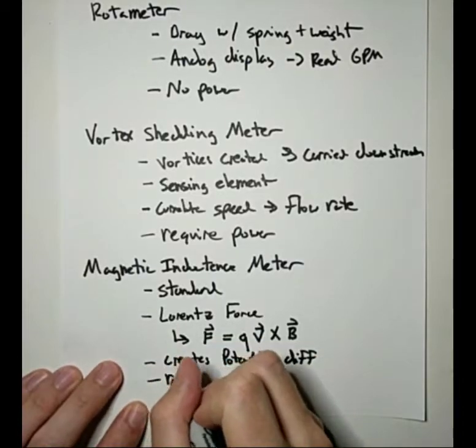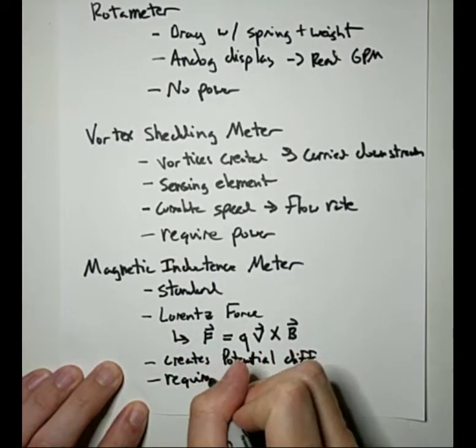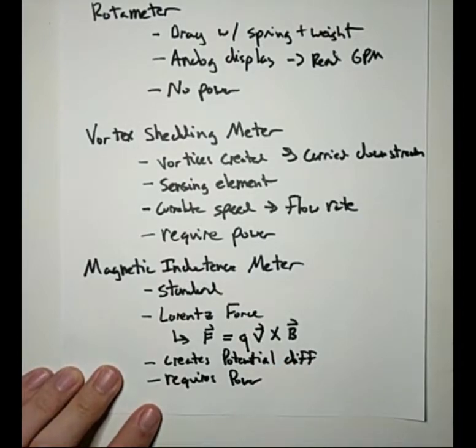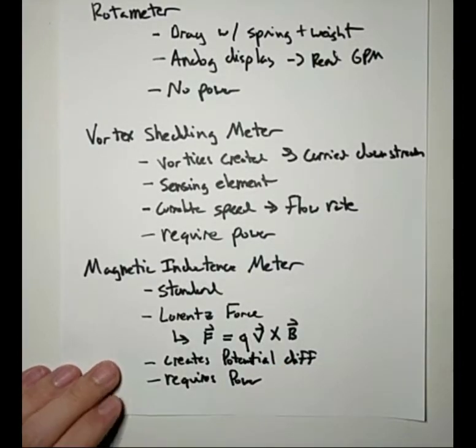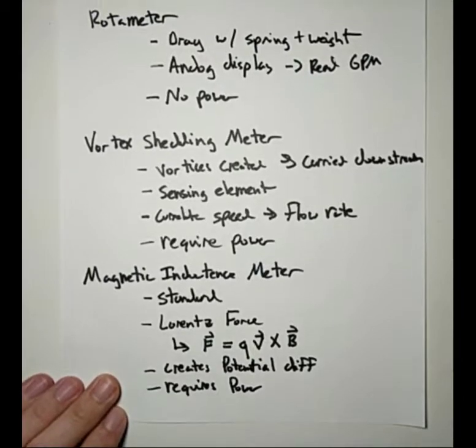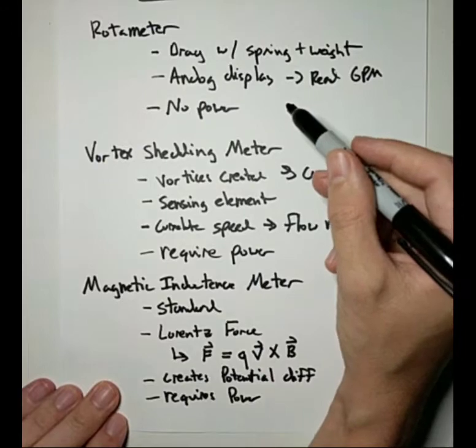So this again requires power, but that also means that output is typically easier to measure and much easier to acquire digitally or record in some way than it would be, say, for the rotometer.